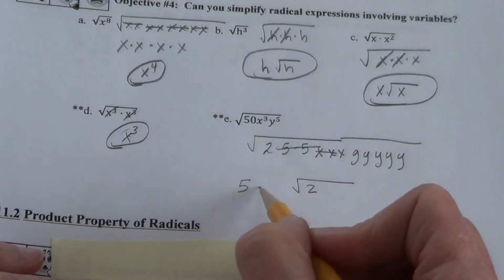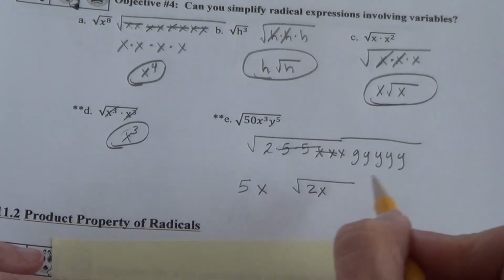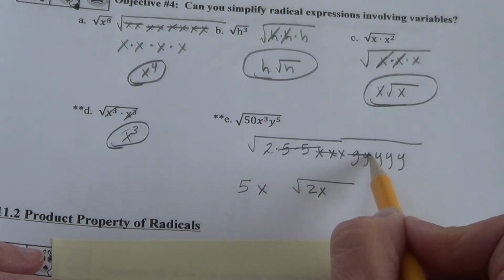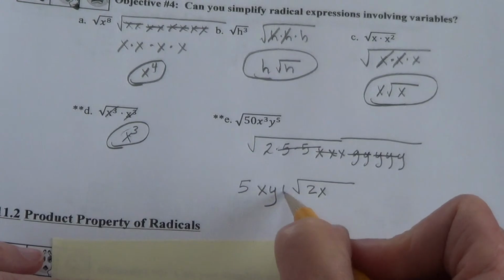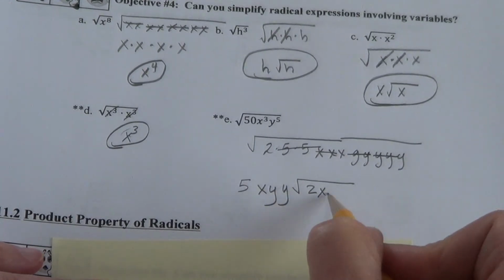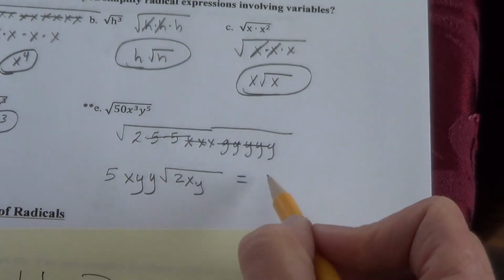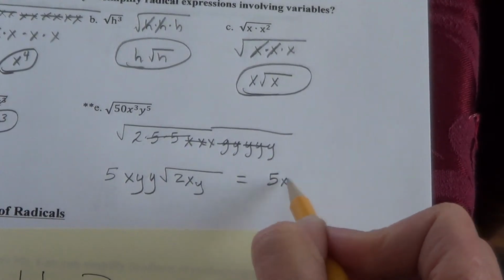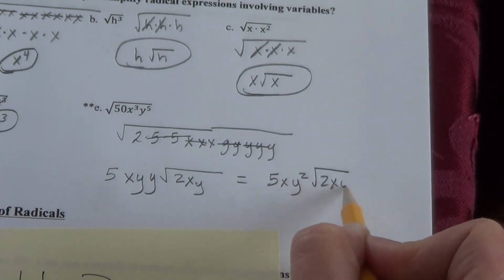There's 2 x's, so we can kill them off, get 1 out, and 1 stays in. 2 y's, bring that set out. Another set, and now there's 1 that stays in. Now we need to bring this back together so that we have y squared, so it's 5xy squared, radical 2xy.